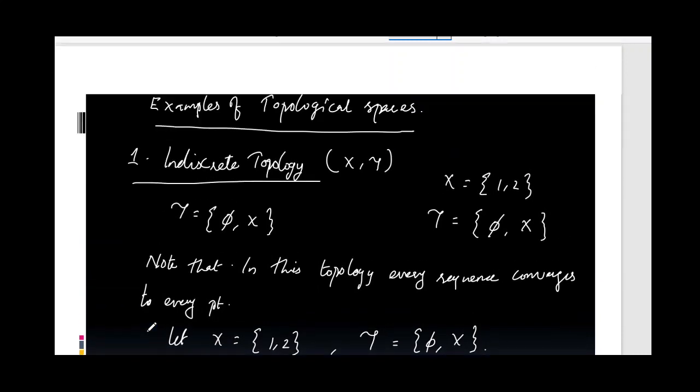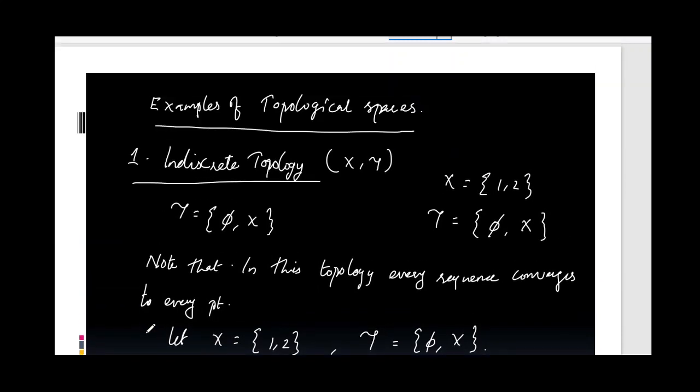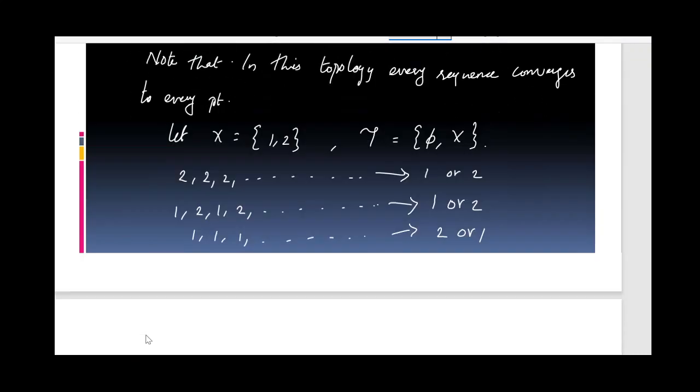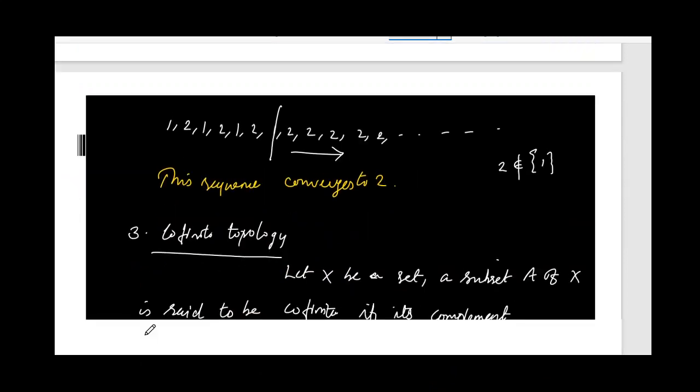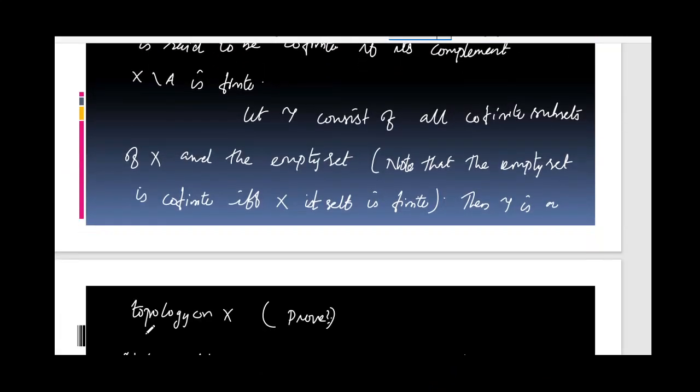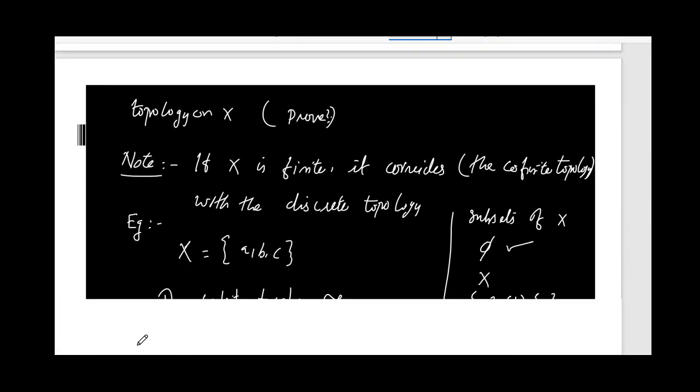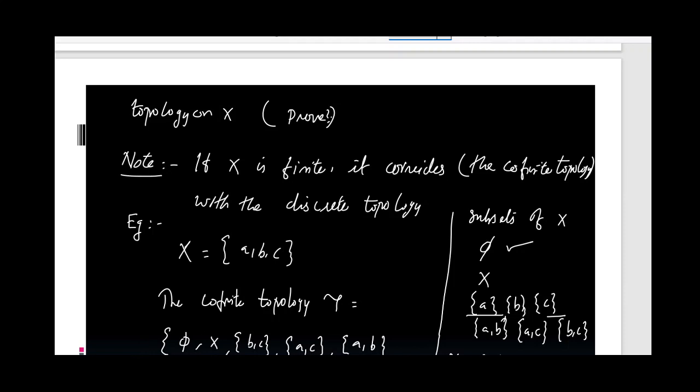Now a few more examples of topological spaces: one is the indiscrete topology, next the discrete topology, and the cofinite topology. In the next class, we will discuss some more examples regarding topological spaces.